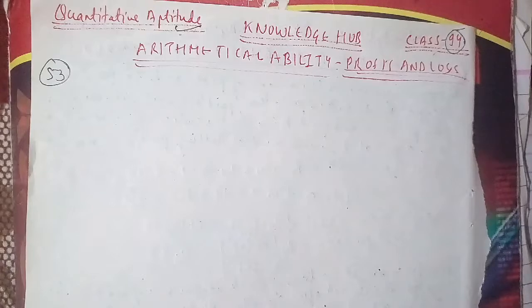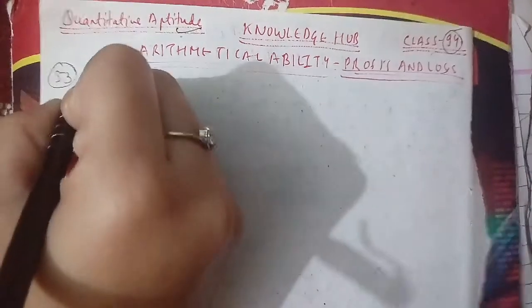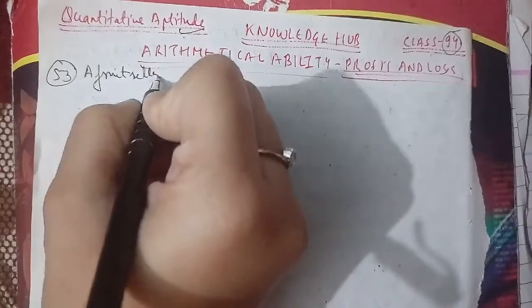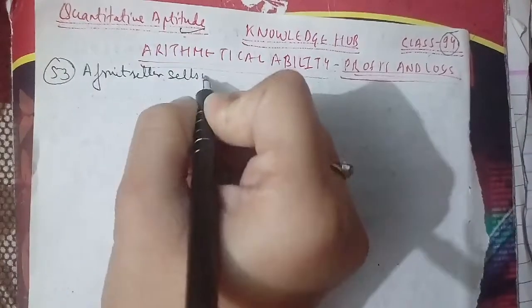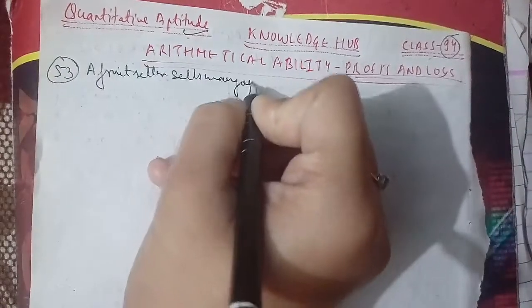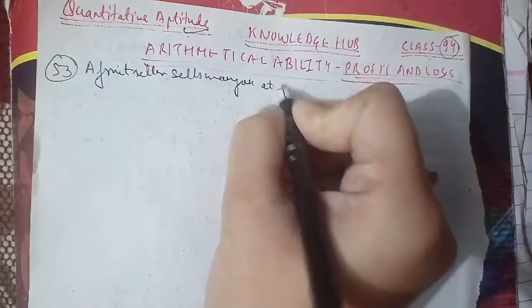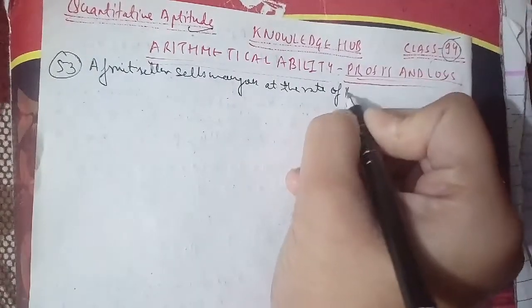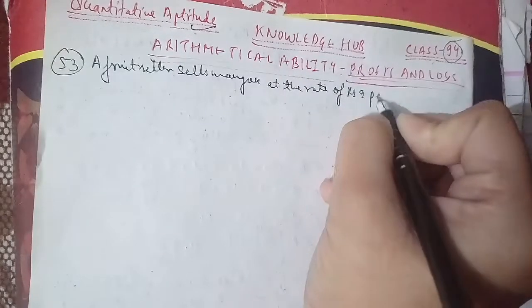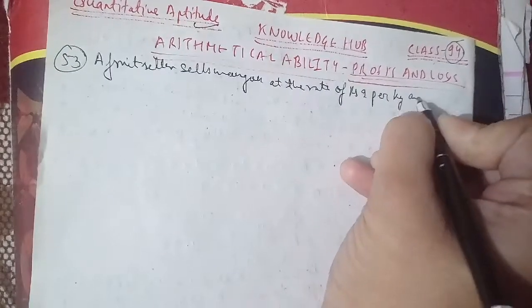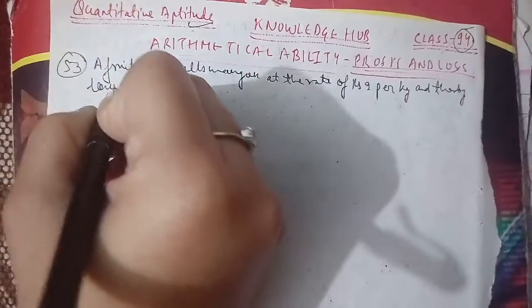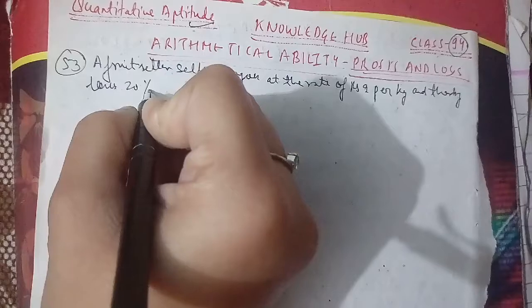So here we go ahead. A fruit seller sells mangoes at the rate of ₹9 per kg and thereby loses 20%.